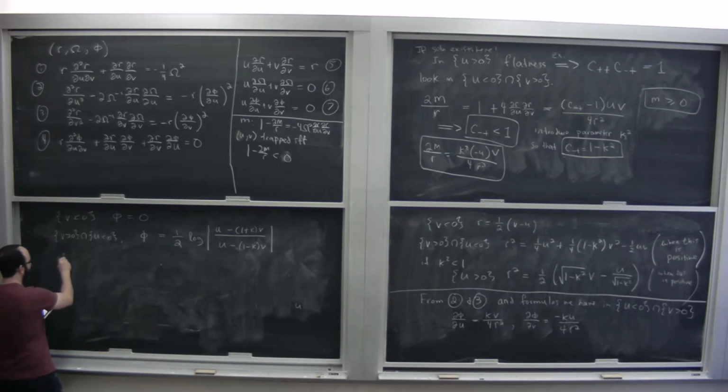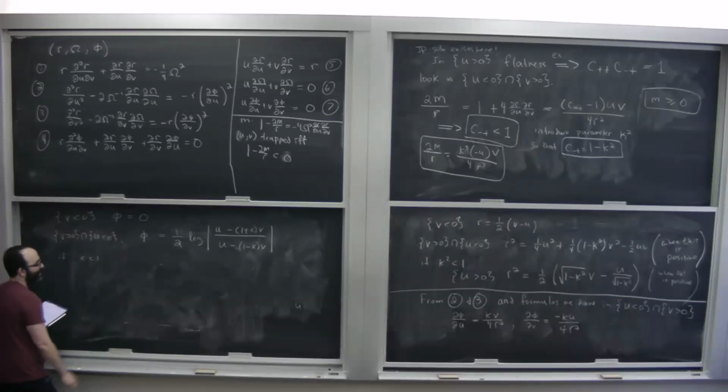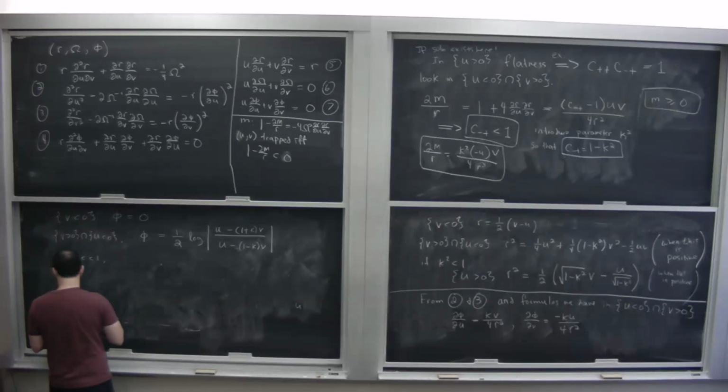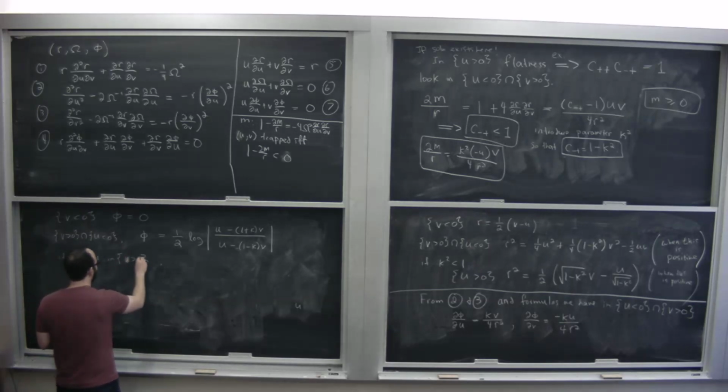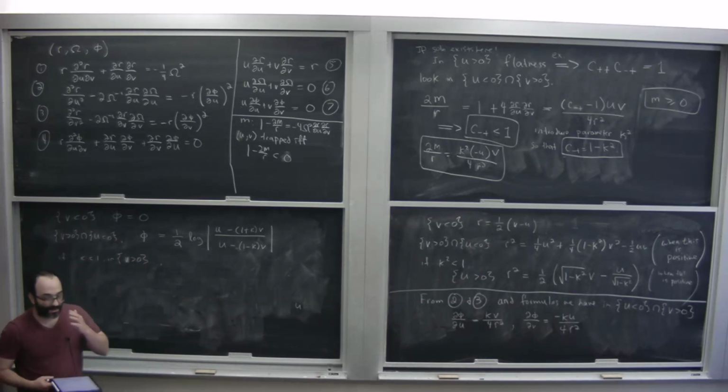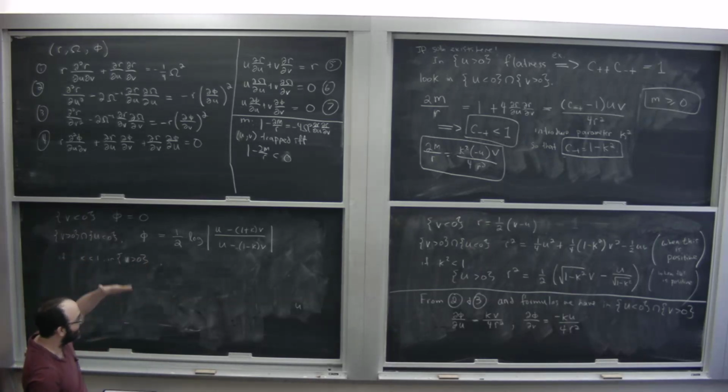Okay. And then, if k is less than 1, then remember in u greater than 0, that's the top region, everything is flat and the scalar field is constant.